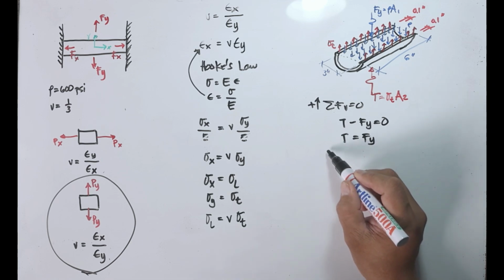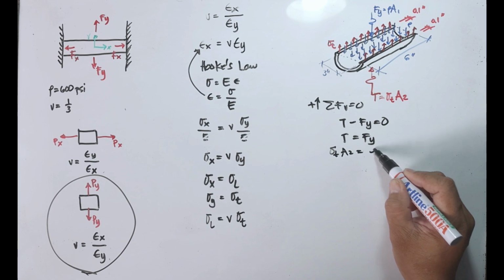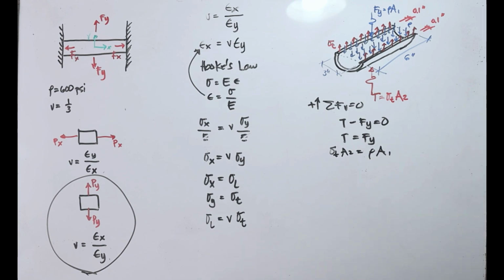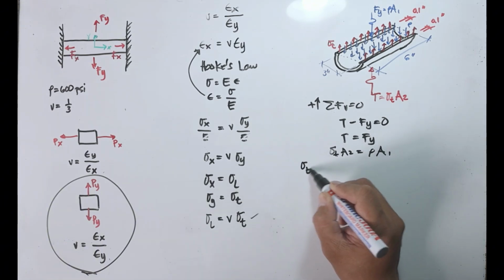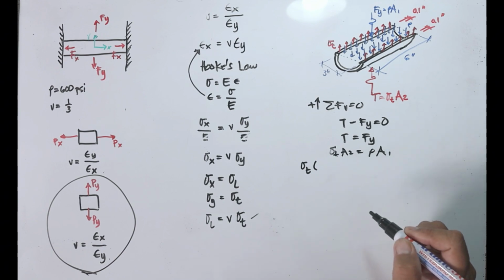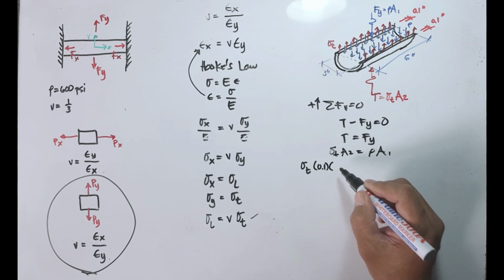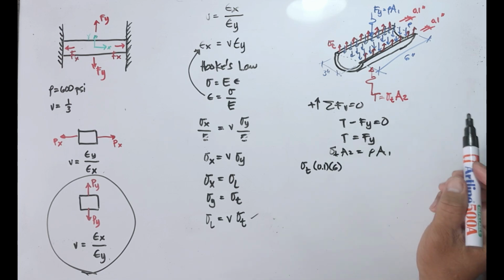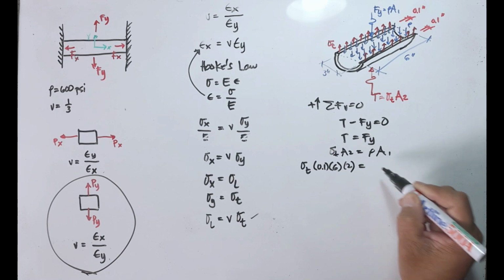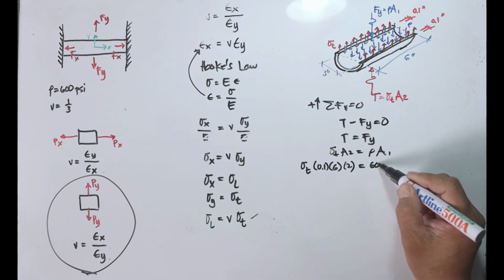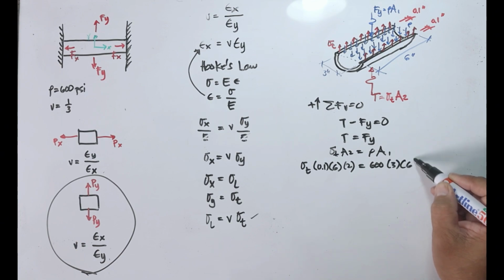And T is the tangential stress multiplied by area 2, and Fy is the pressure multiplied by area 1. So on the left side of the equation, we have tangential stress times the area 2, which is the thickness, multiplied by the length of 6 for one side. To include the other side, we have to multiply that by 2. And then on the right side, we have the pressure, that's given. The area is 3 by 6.